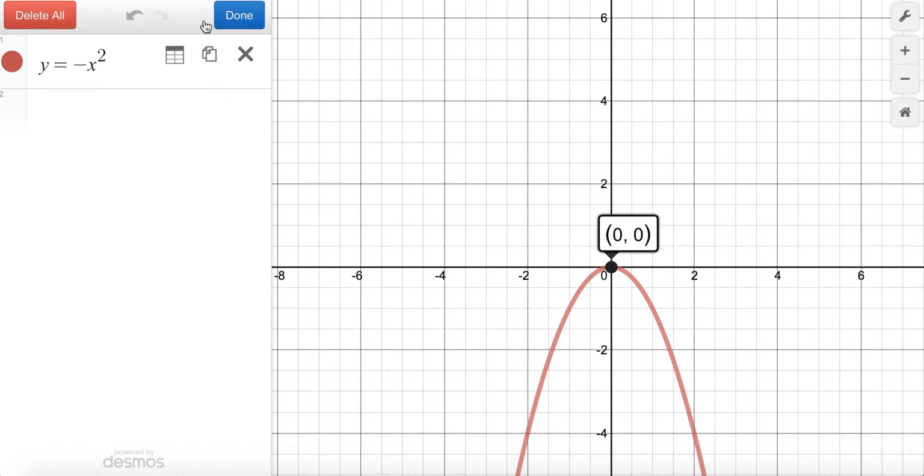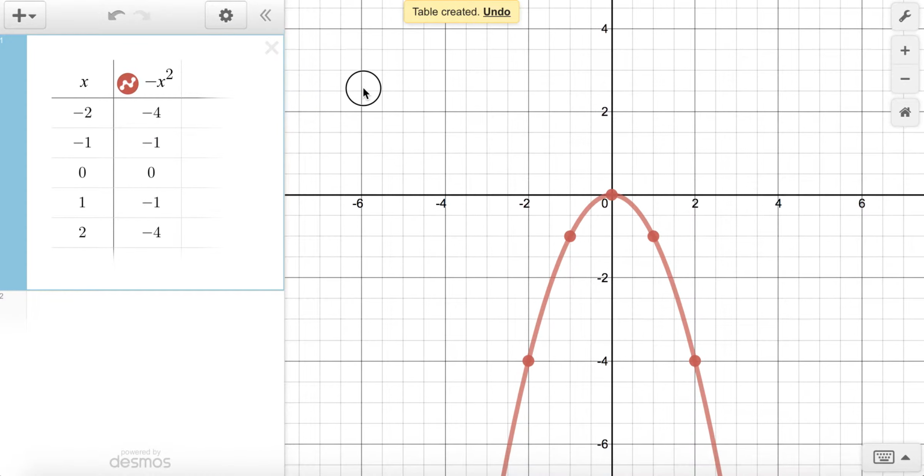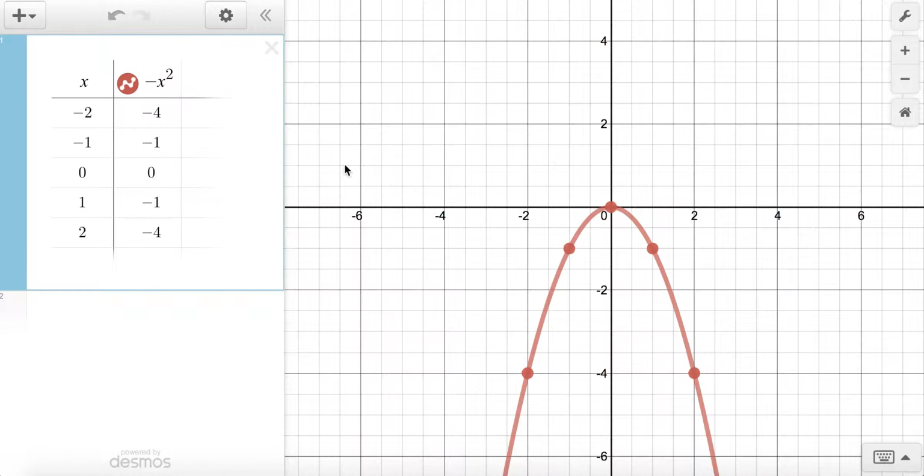If you want to see some more points on this, some points you could graph are negative 2, negative 4, negative 1, negative 1, 0, 0, 1, negative 1, and 2, negative 4. That's the first graph you want to graph. Y equals negative x squared is important because, just like on this graph, a rocket is going to go up and then down.